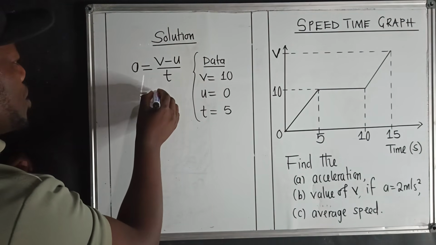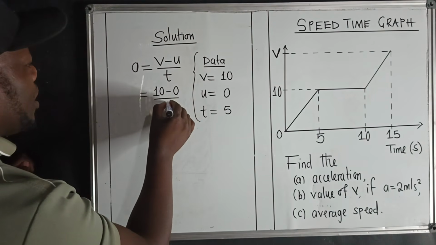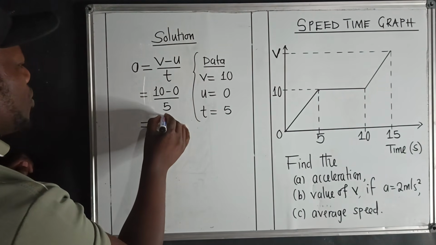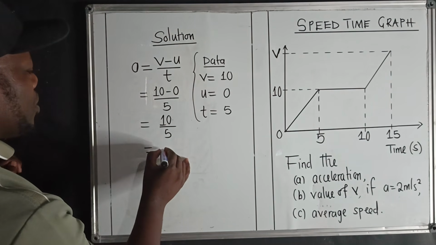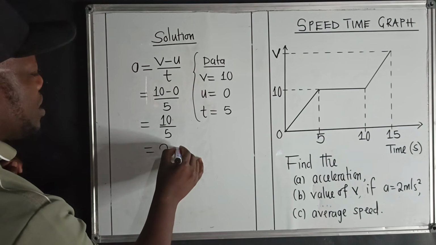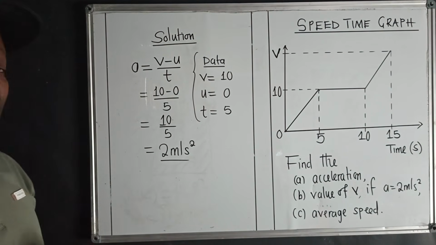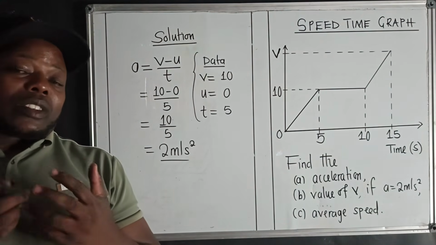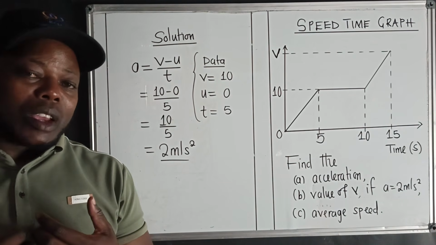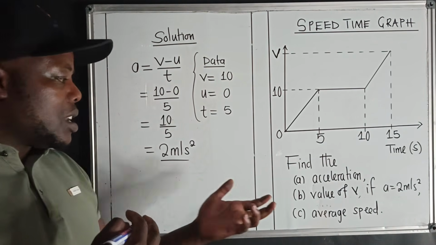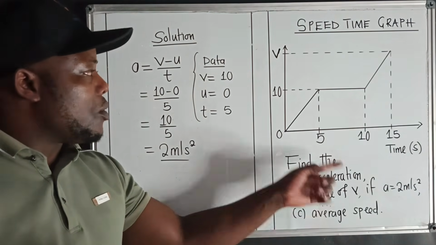It will be equal to 10 minus 0 over 5, which is 10 over 5, equal to 2 meters per second squared. This is our acceleration in the first 5 seconds.